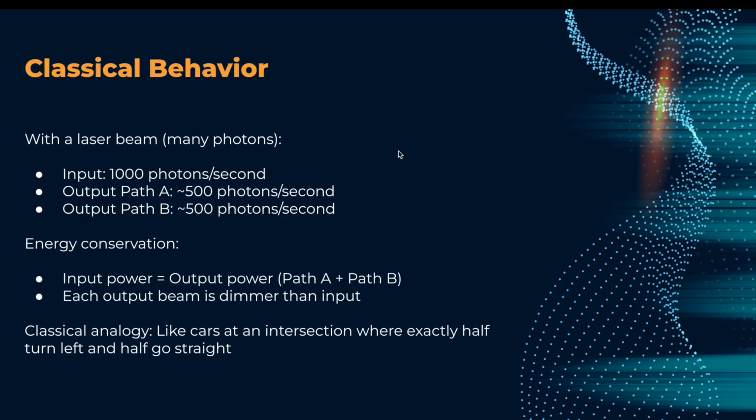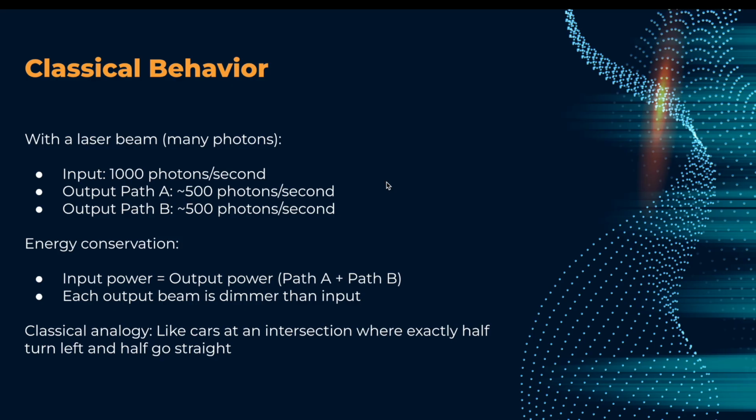So what's this classical behavior? A laser beam emits many photons, right? So it inputs 1,000 photons per second, where a photon is a quantum of light, and it splits it 50-50. One goes through at 500 photons per second, and the other reflects back at 500 photons per second. And for energy conservation, the input power must equal the output powers.